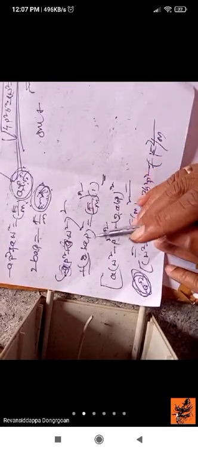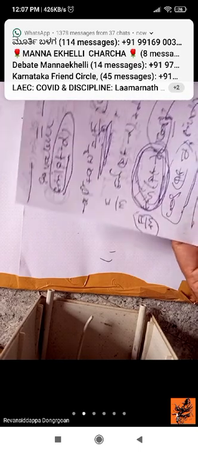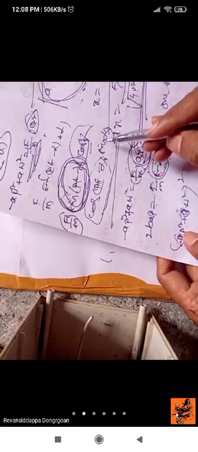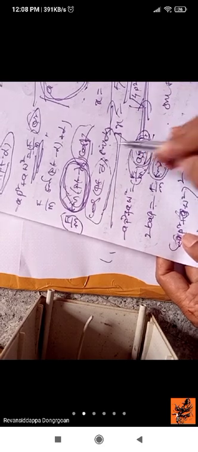Equation number 10 is f by m into, cos and sine. So tan theta is equal to sine by cos. Divide this equation by this, it means I am going to make here tan theta.